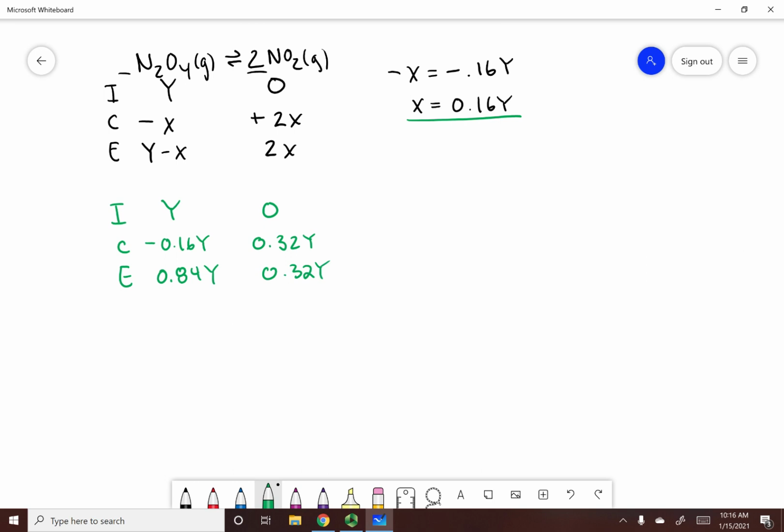Now, at equilibrium, the total pressure is equivalent to 1.5 atm. But the total pressure is going to be the pressure of all my gases. So that means it's the equilibrium pressure of N2O4 plus the equilibrium pressure of NO2.